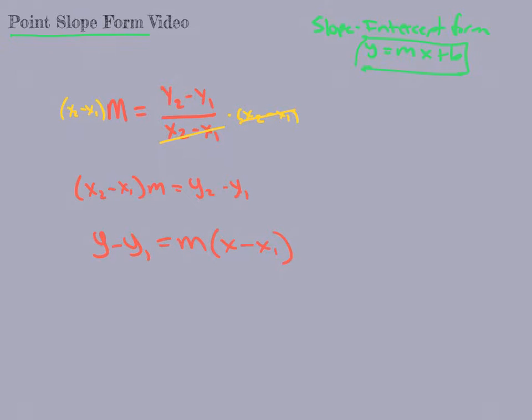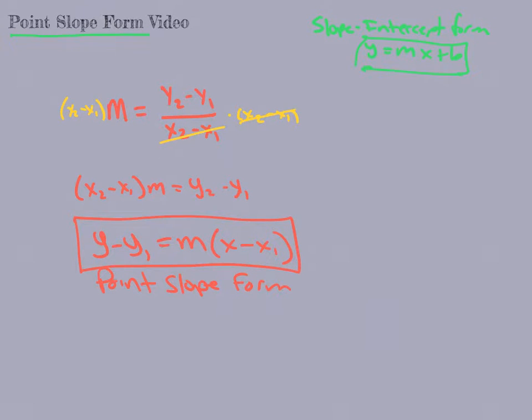So the 2's fell off, and I'll explain that. I just rewrote it in an order that is a little more familiar. This is called point-slope form.